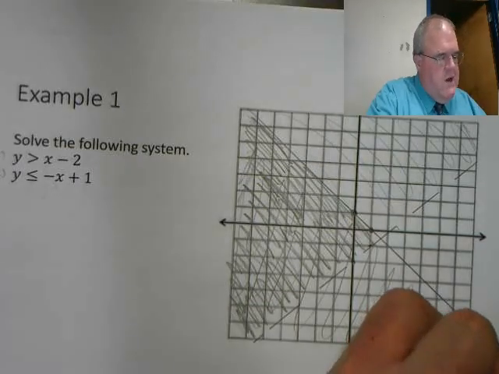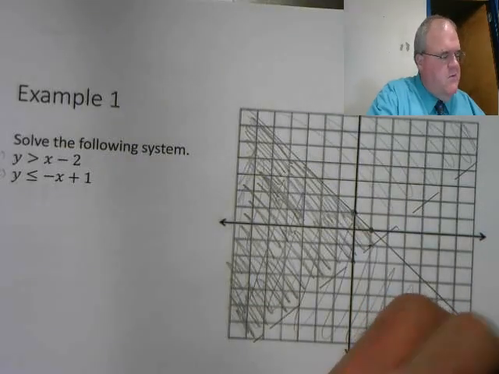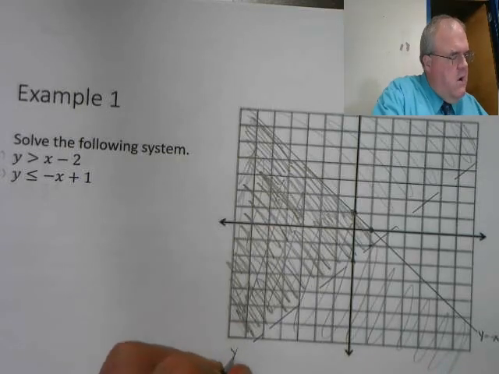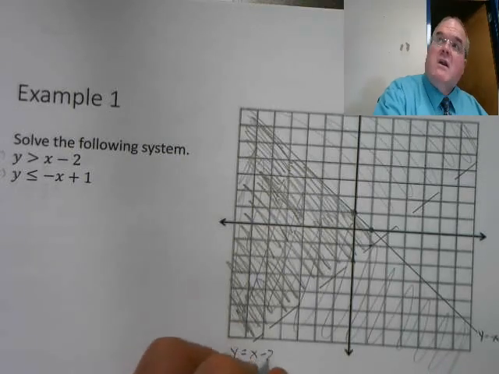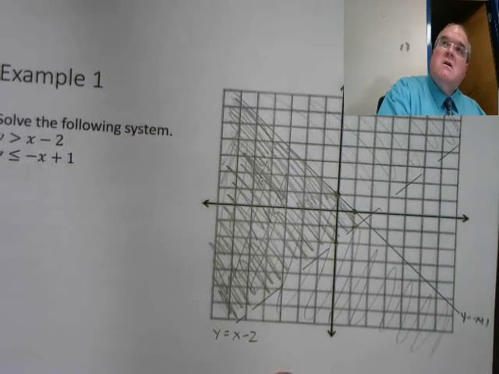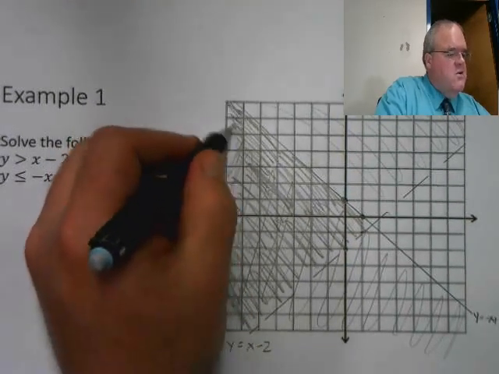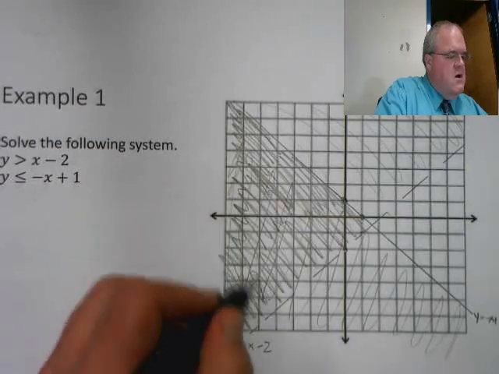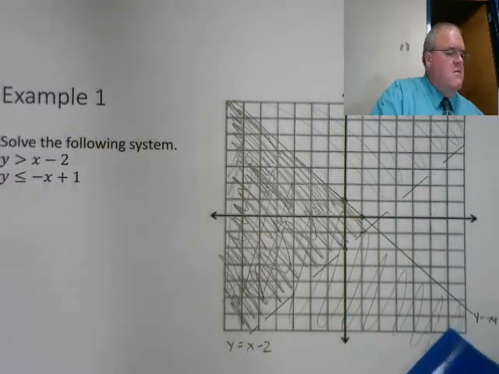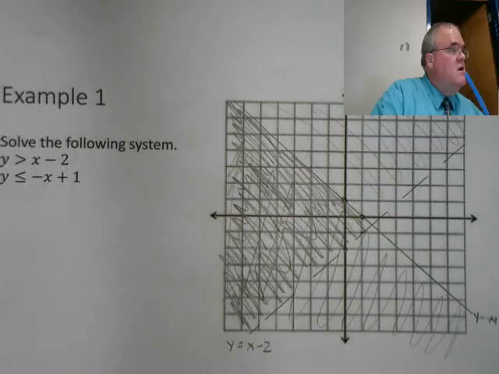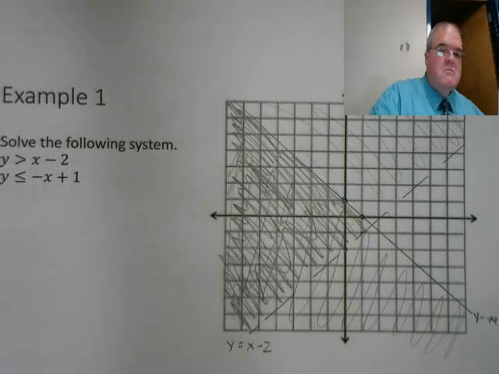So I have y equals negative x plus 1 and y equals x minus 2. I have graphed these, and the solution to this is going to be the area that's shaded in both of them.